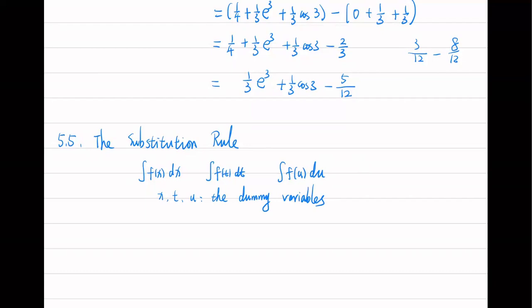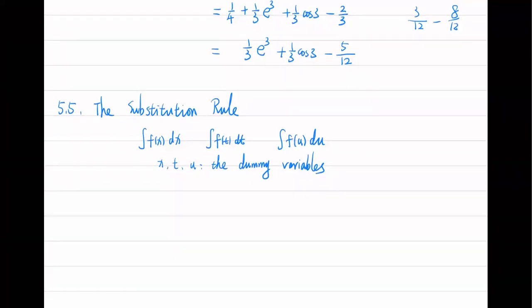It doesn't matter. Similarly, if we do this summation, we can also use different variables. We can use i from 1 to n, i squared, which means the same thing, the sum of the squares. You could use j, 1 to n, j squared.